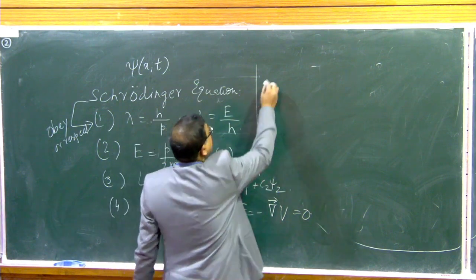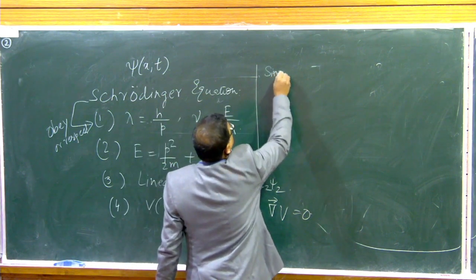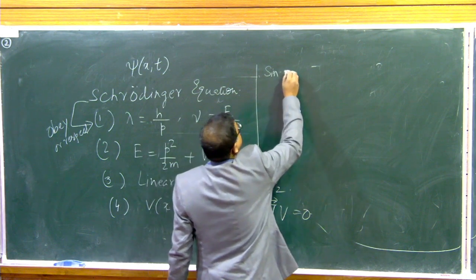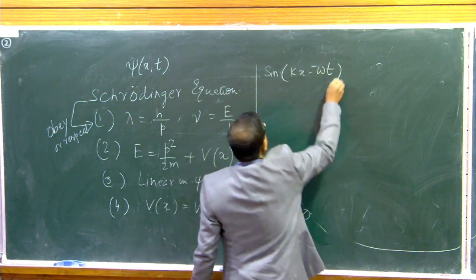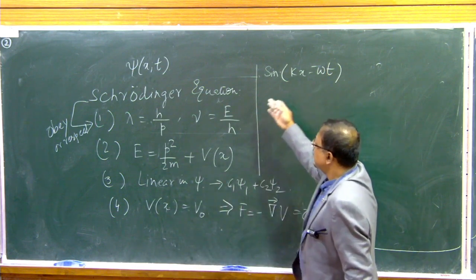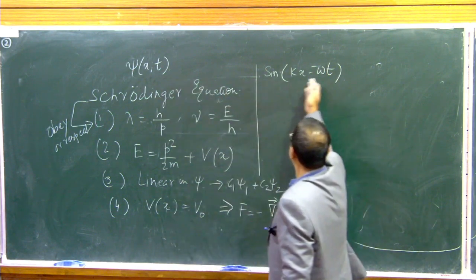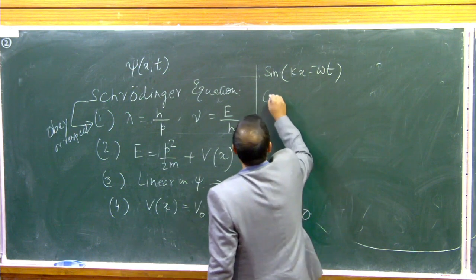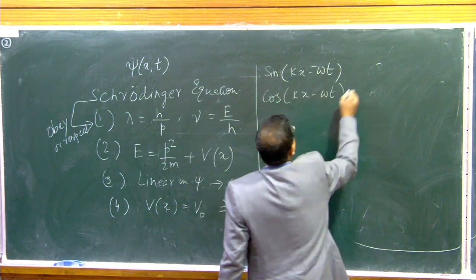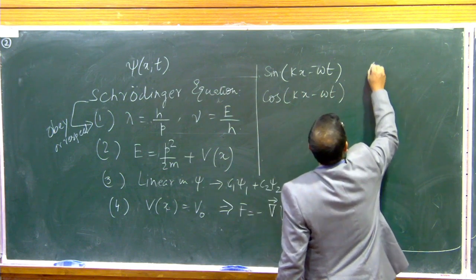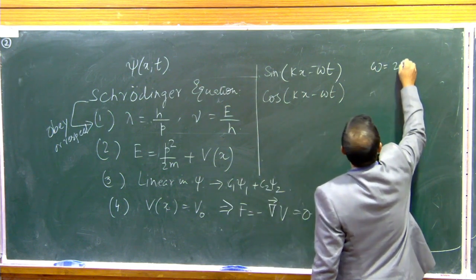So we can think that the solution is sine kx minus omega t. The wave function should obey sine kx minus omega t or cosine kx minus omega t, where omega is equal to 2 pi nu.